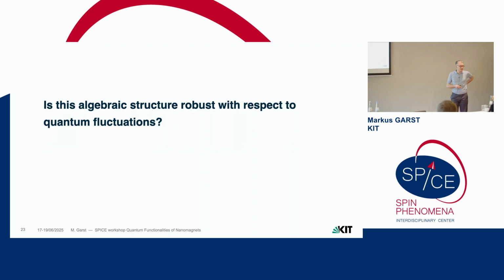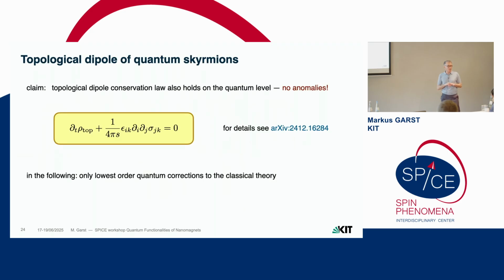I have one small section more that I will skip. I will just tell you what it is about. So one can now ask the question, I discussed everything on the classical level. Is this algebraic structure actually robust with respect to quantum fluctuations? In this paper, we made some effort to show that this dipole conservation law also holds on the quantum level, so that there are no quantum anomalies destroying this conservation law.